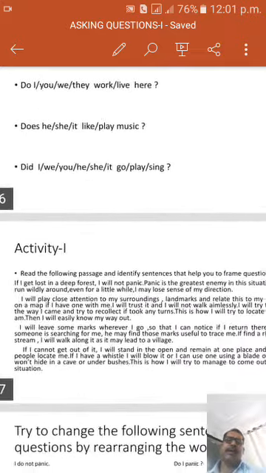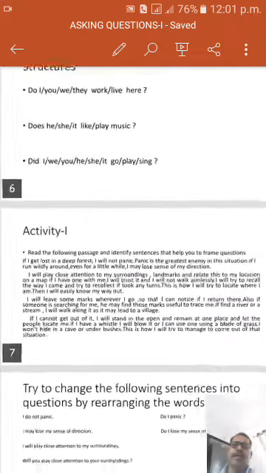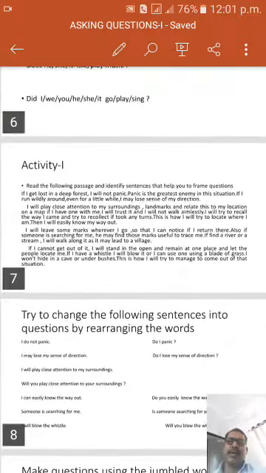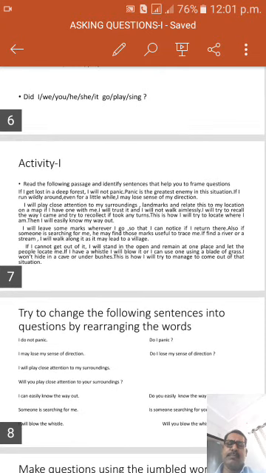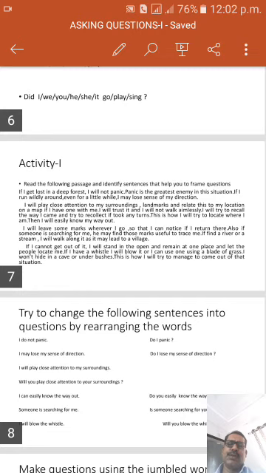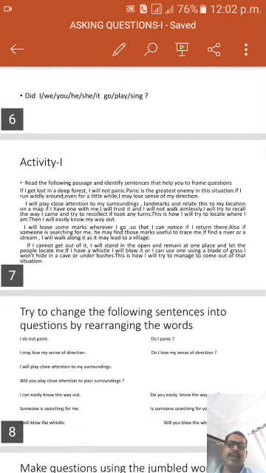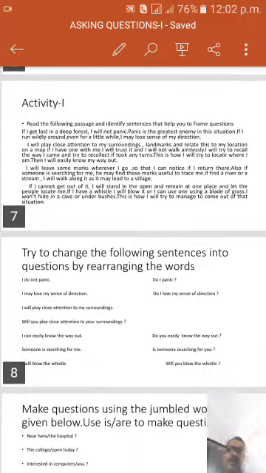In activity 1 we have a passage. With the help of that passage we located some sentences that can be converted into yes or no type questions. So we identified such 5 sentences and we changed those sentences into questions.